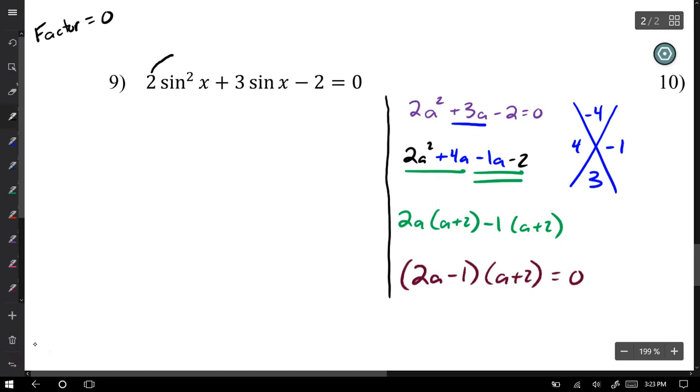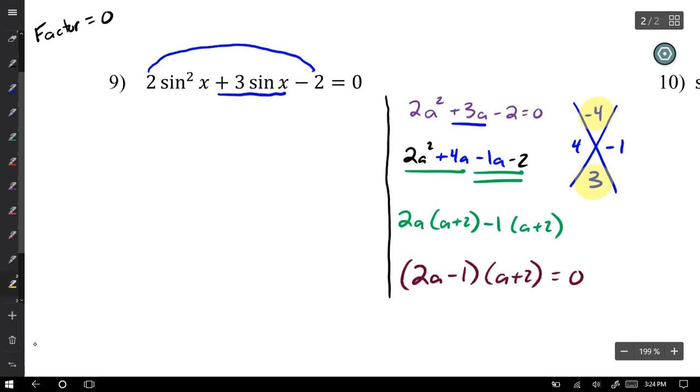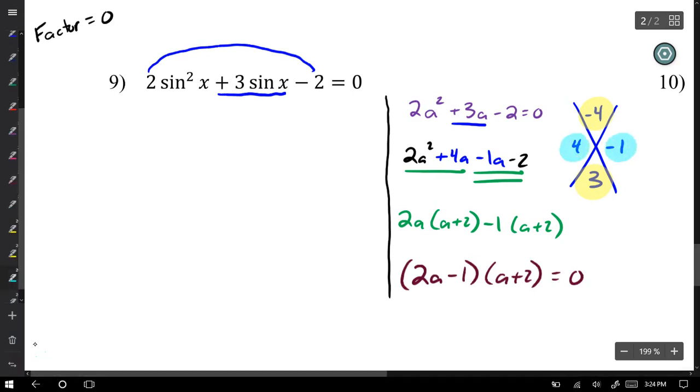I would do a times c, and if I do a times c, I end up with negative 4. Middle term is 3 sine of x. I want them to add to 3. So what two numbers multiply to negative 4 and add to 3? And in that case, I get 4 and negative 1. And that's how we split this.